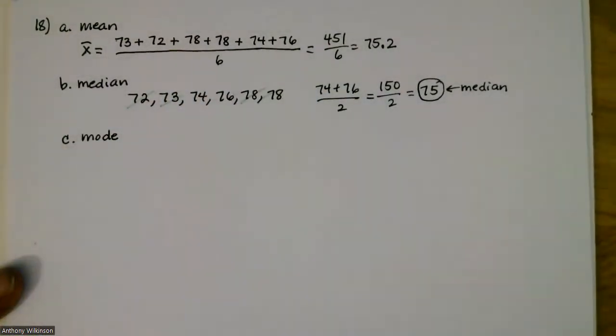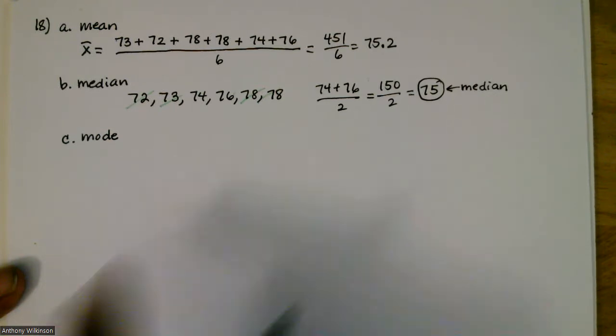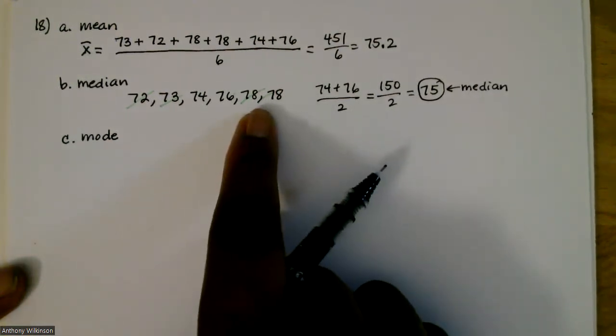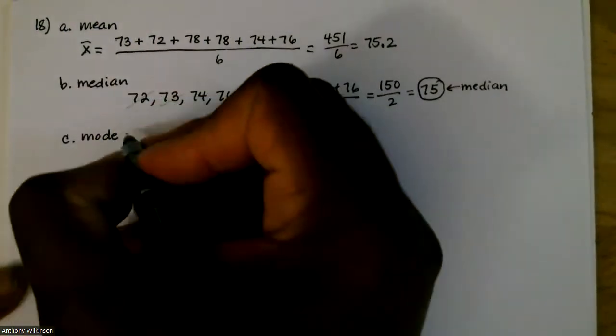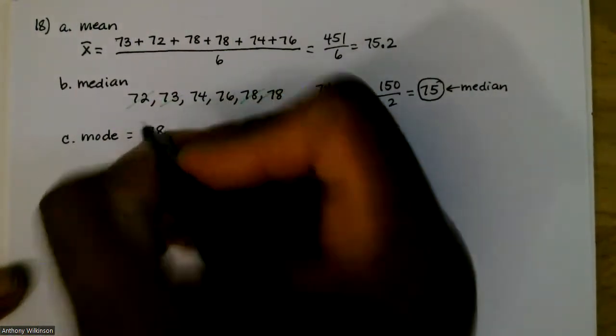Part C is the mode. The mode is the data value that is most frequent in that data set, the most frequent data number in that data set. And that's 78. It occurs twice. So the mode there is 78.